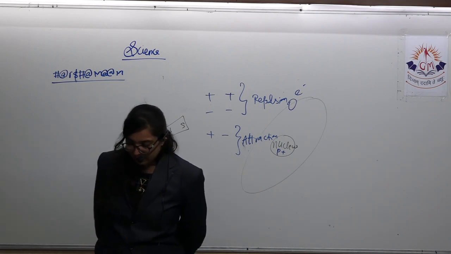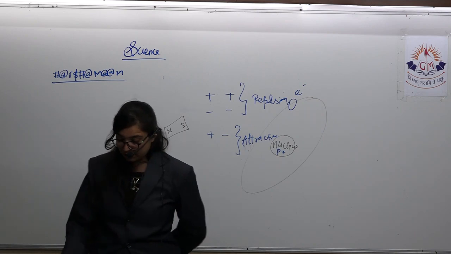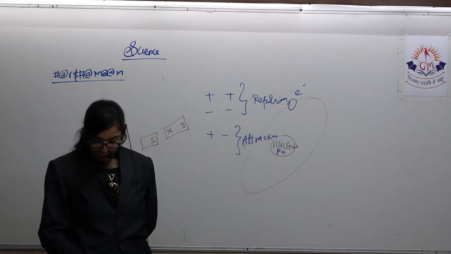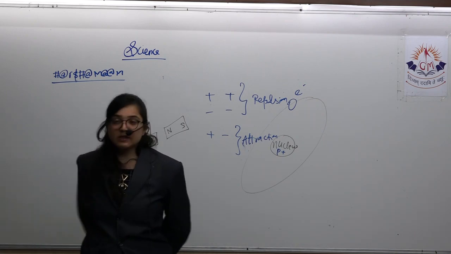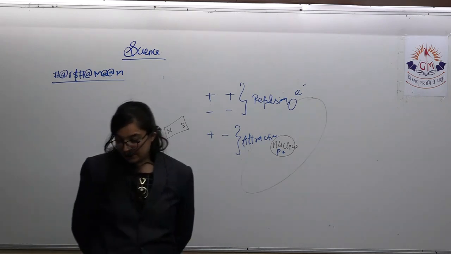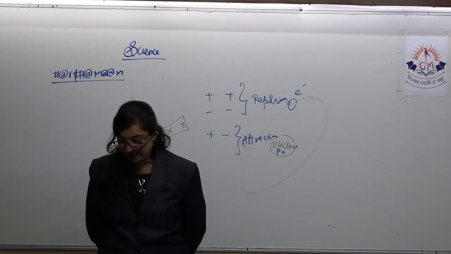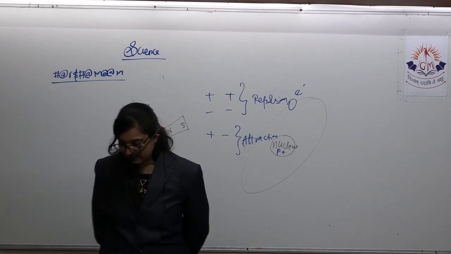Next, you know that a coin or a pen falls down on the ground when it slips off from your hand. What's the reason? The reason is the gravitational force. The leaves fall to the ground when they get detached from the plant. That is the gravitational force.